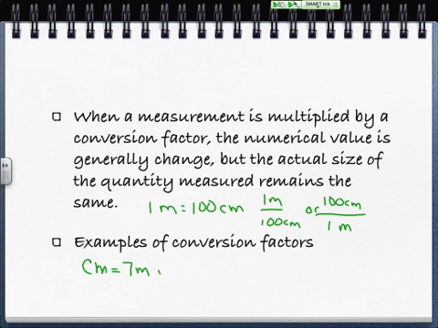What I want is to put a conversion factor that will cancel my meters. Since meters are over 1, really, I need to have meters on the bottom. So I need the one that has 1 meter on the bottom, 100 centimeters on the top. This will cancel. I would get 700 centimeters.